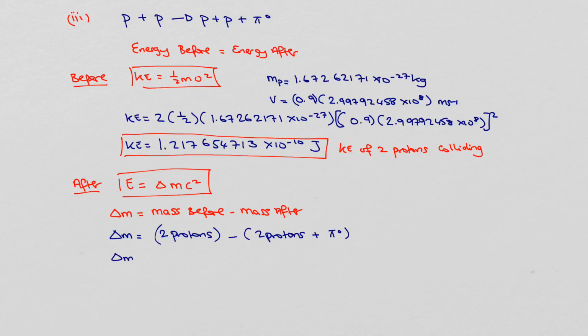So in other words, the mass defect is going to cancel out our 2 protons, and basically we have our change in mass is going to be the pion.